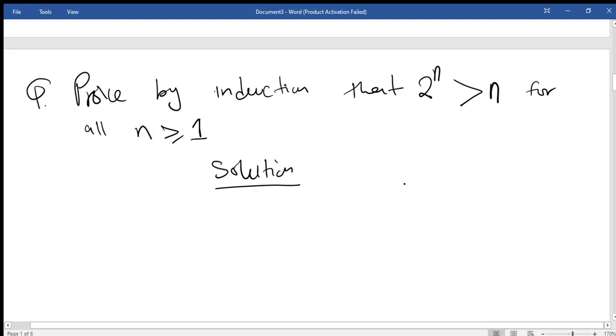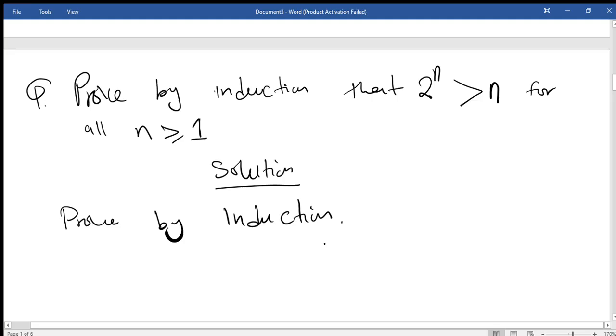So how do we do that? As I said, even in the previous video, when you're proving by induction, you tell them this is a proof by induction. A proof by mathematical induction occurs in two major steps, the base step and the inductive step.